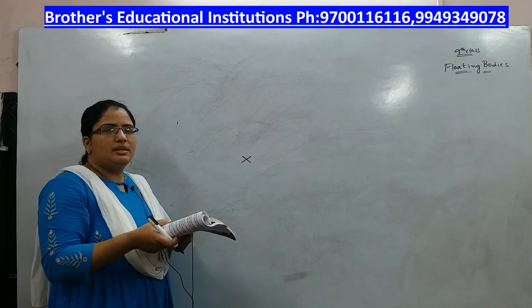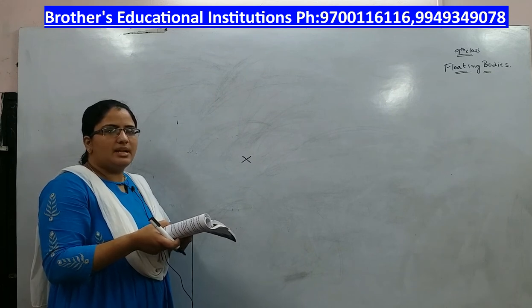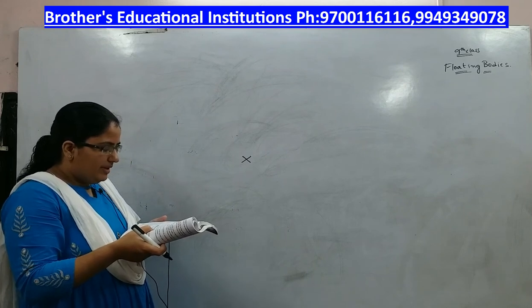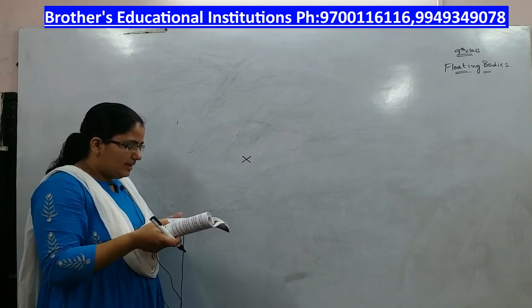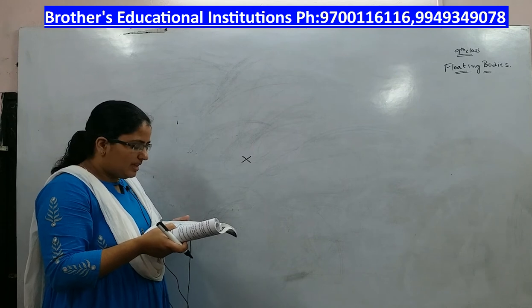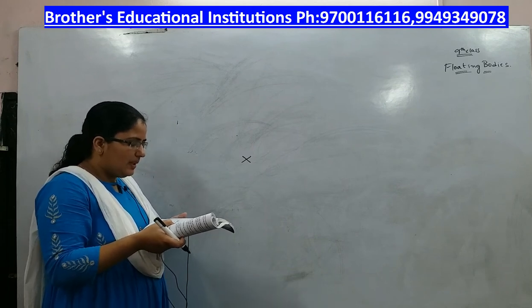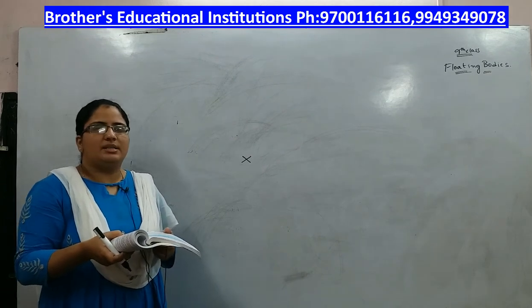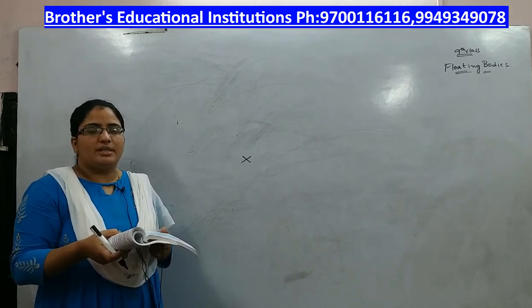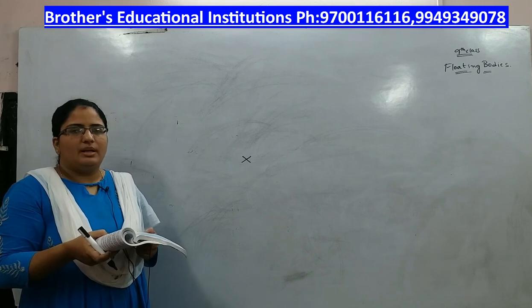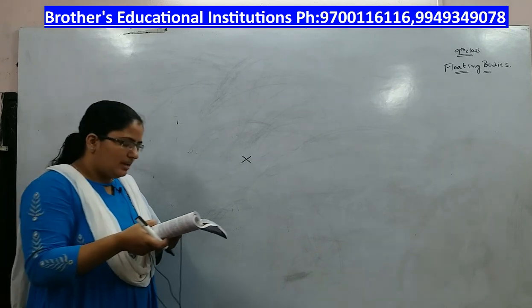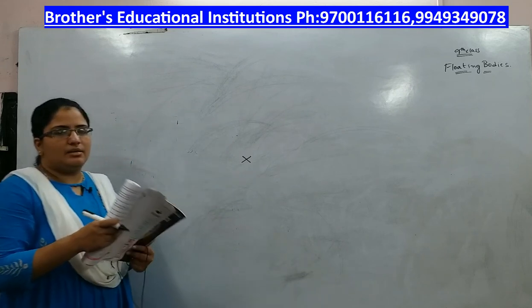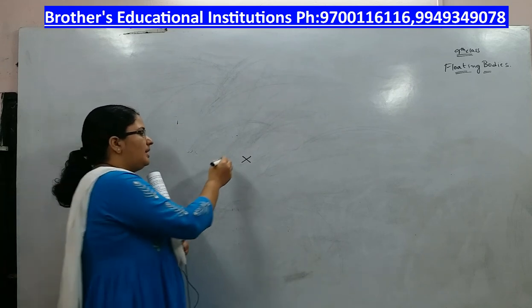That means the density of the wax is less than that of water, not milk, the density of water. Right. Now, in the next liquid it will sink. In water it will float.